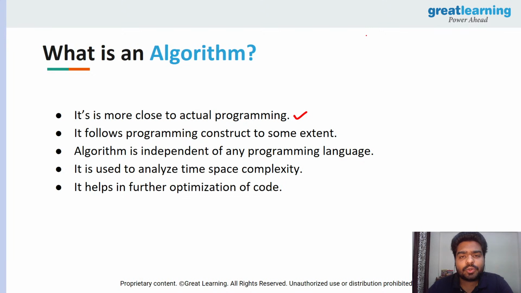If I have to add 2 numbers, the algorithm will be nothing but step by step written statements. So if I have to add 2 numbers, the first step of the algorithm will be start. The second, you have to take 2 variables, right? Input A and B. You have to take 2 variables because you need to take 2 values.